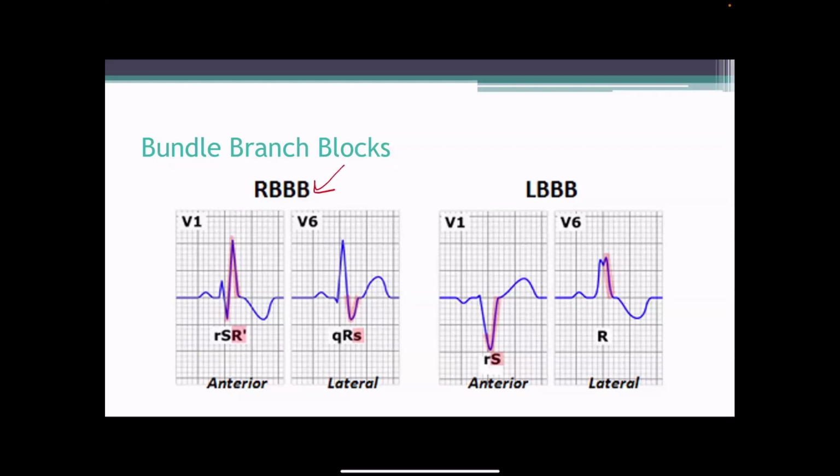For the right bundle branch block and the left bundle branch block in general, we look at two leads, V1 and V6. In the right bundle branch block, in V1, you'll have RSR. What does this mean? It means that you'll have an R wave, which is this one, an S, no, wait.